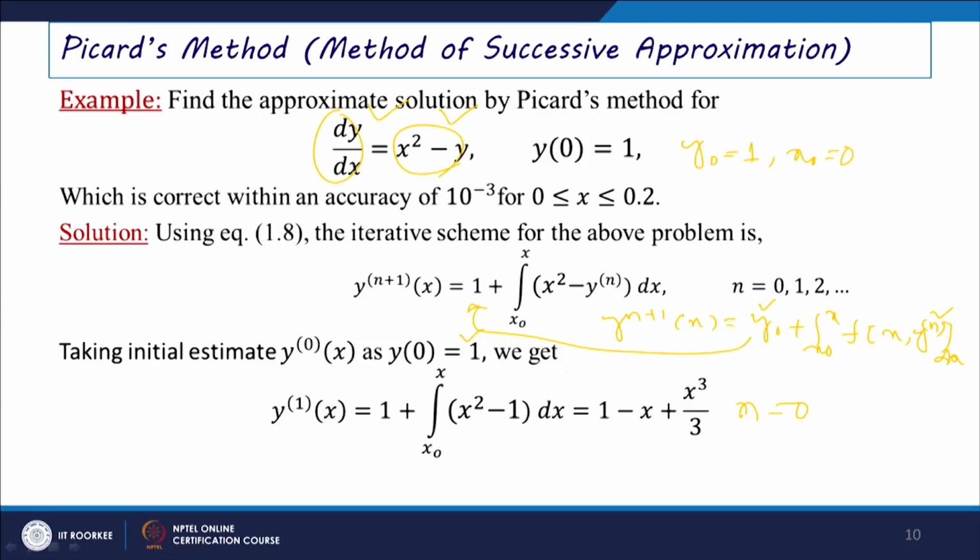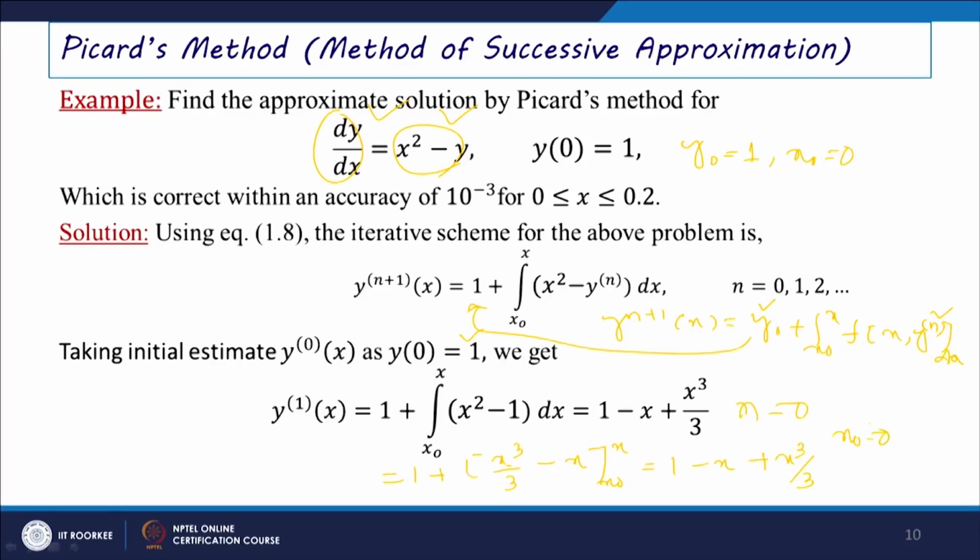If you take this range, we can write this as 1 plus x to the power 3 by 3 minus x, from x0 to x, which can be written as 1 minus x plus x cube by 3, and all the other terms with x0 equals 0 take only 0 values, since x0 equals 0.